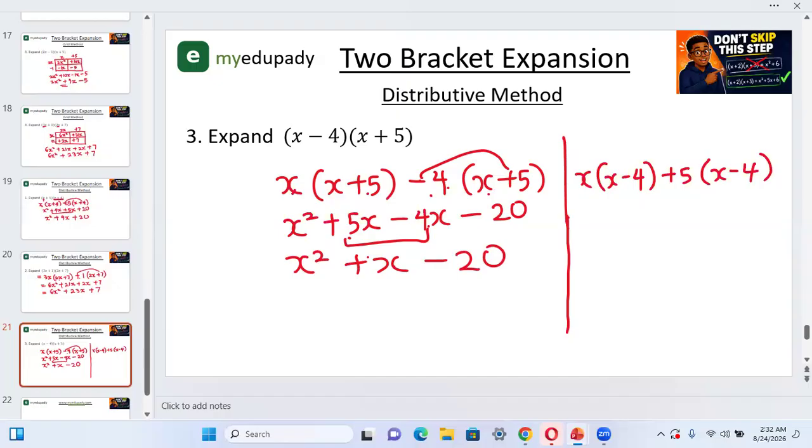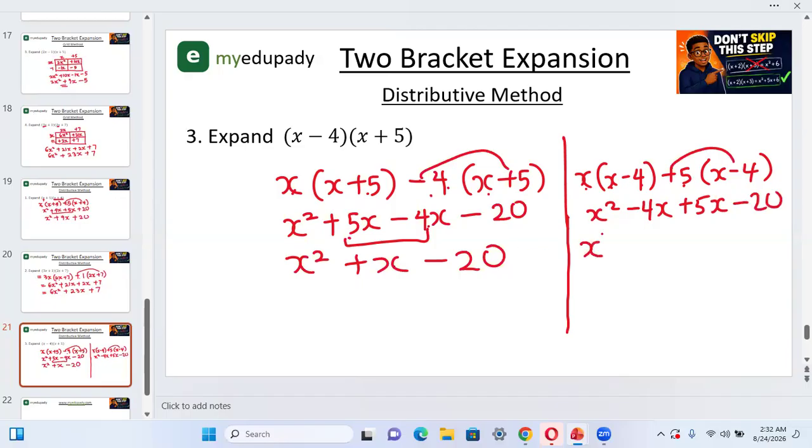Now let's look at the second method. What if we change the way we do things and we use the x plus 5 as what we are expanding with, and we use x minus 4 as what is being distributed, right? So we do x times x, that gives us x squared, x times minus 4 gives us minus 4x, then plus 5 times x gives us plus 5x, and plus times minus is minus, 5 times 4 is 20.